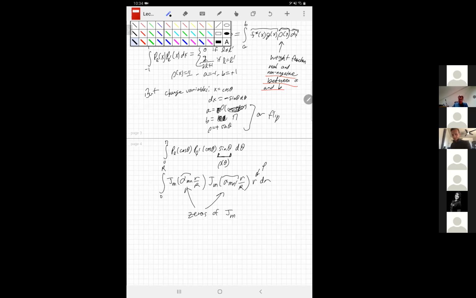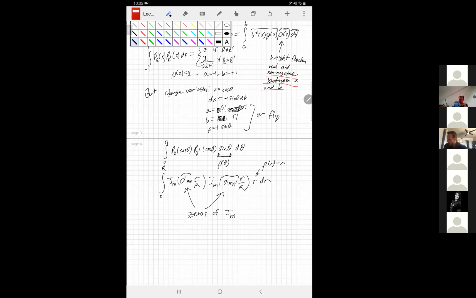And here r is our rho. Rho of r equals r. Notice another thing, which is that we chose our range very carefully so that our Bessel functions were 0 at the end of the range. So when we get to the upper limit, our Bessel functions are 0.